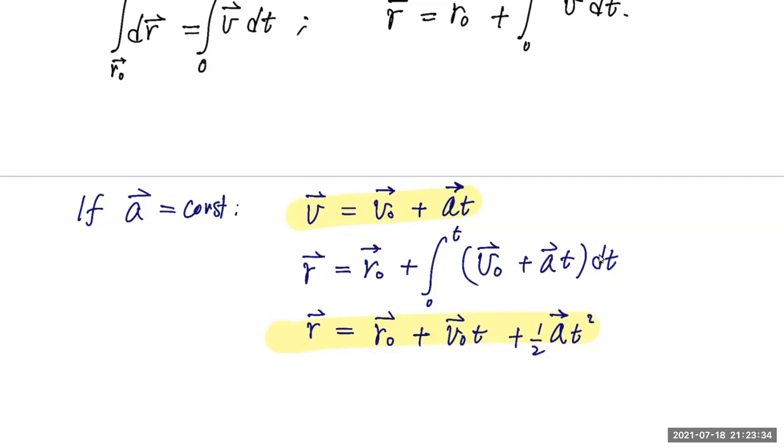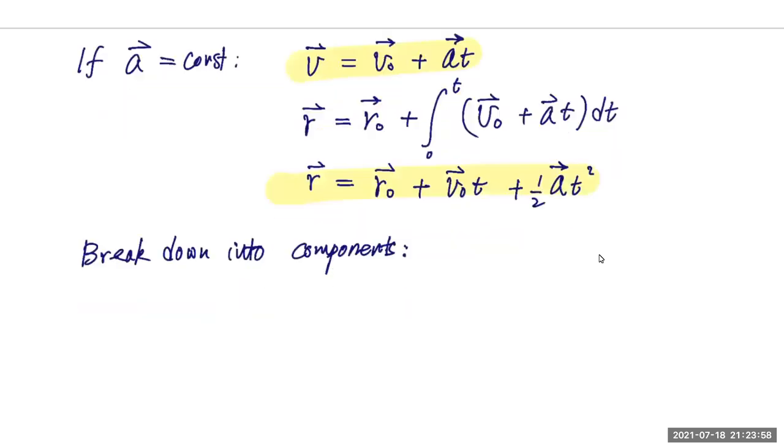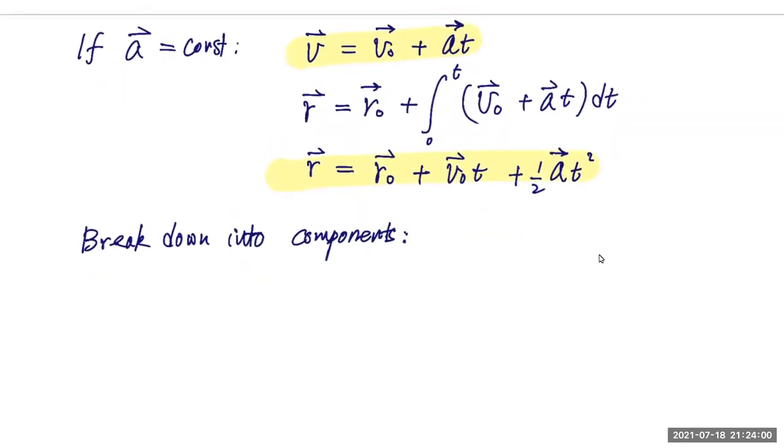For example, if you start with v equals v naught plus at, this vector equation, you can write down the x component of that. So let's see, break down into components. This is the key here, because then we can borrow our knowledge of one-dimensional motion. Let's see how we do that for the first equation. V itself equals vx i plus vy j.